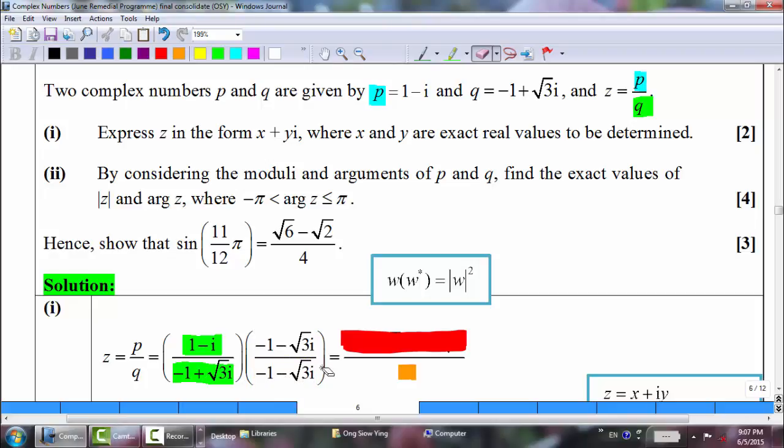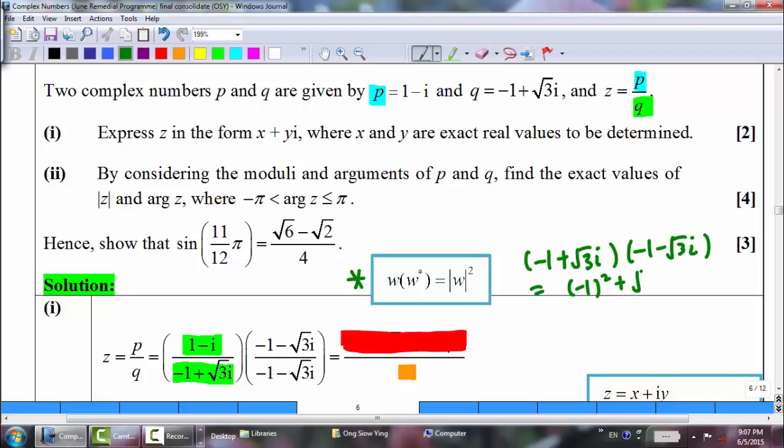Just recall this very important result: W multiplied by W conjugate is mod W squared. So when you have minus 1 plus root 3 i multiplied by its conjugate, minus 1 minus root 3 i, it gives minus 1 squared plus square root 3 squared, which is actually 4.